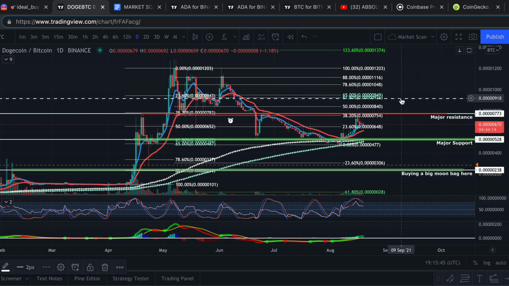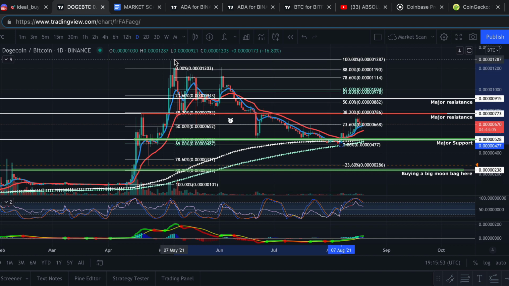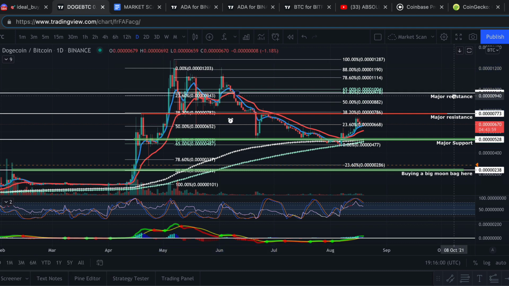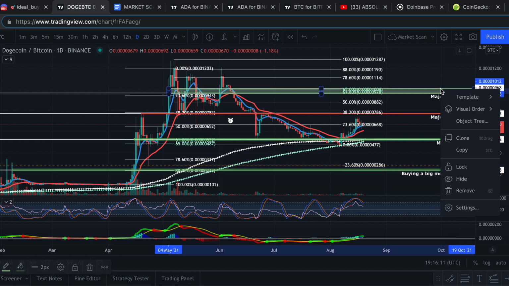Actually, I'm going to copy paste it. Which one lines up better, that or that? I think this one lines up better, to be honest, because it's at the top of this. So you can see this is pretty decent resistance for Doge against Bitcoin.